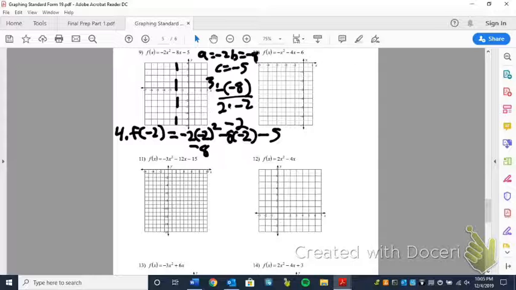Negative 2 times negative 8 is a positive 16. And negative 5, well, is negative 5. So negative 8 plus 16 is 8. 8 minus 5, 3. So we know that f of negative 2 is 3. It's positive 3.